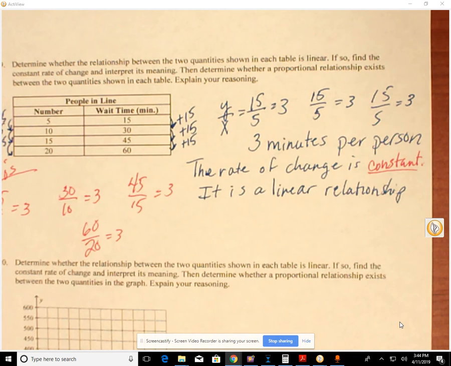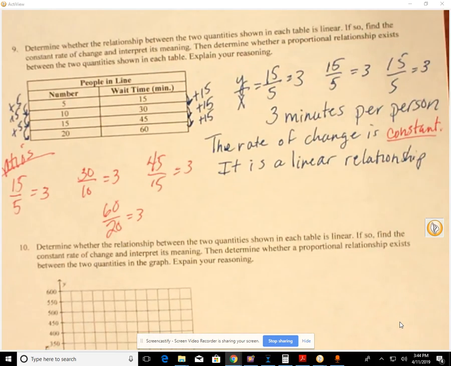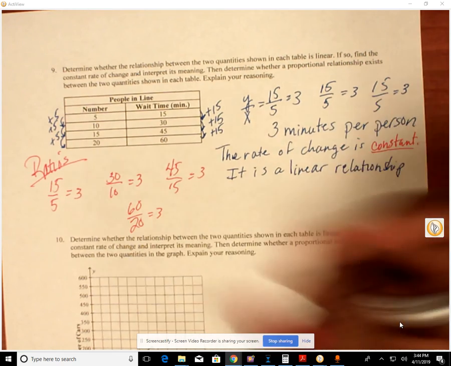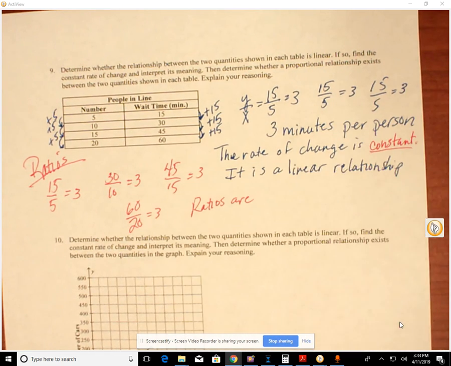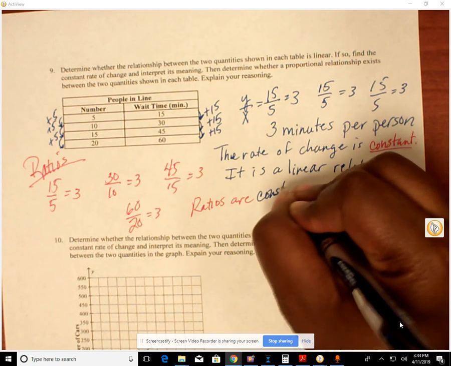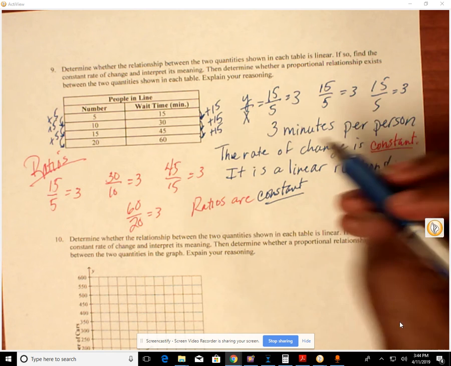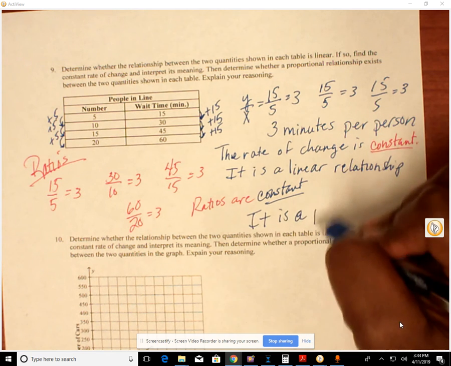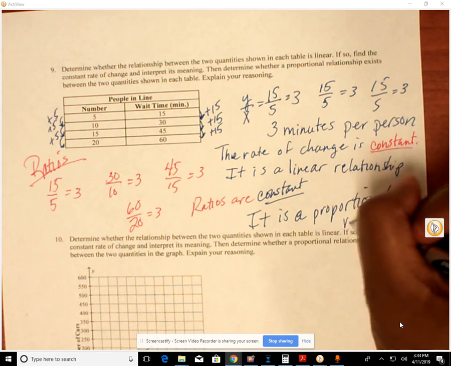So the ratios are constant. I'm going to write that so they'll know. Ratios are constant. And since the ratios are constant and the rate of change is constant, it is a proportional relationship.